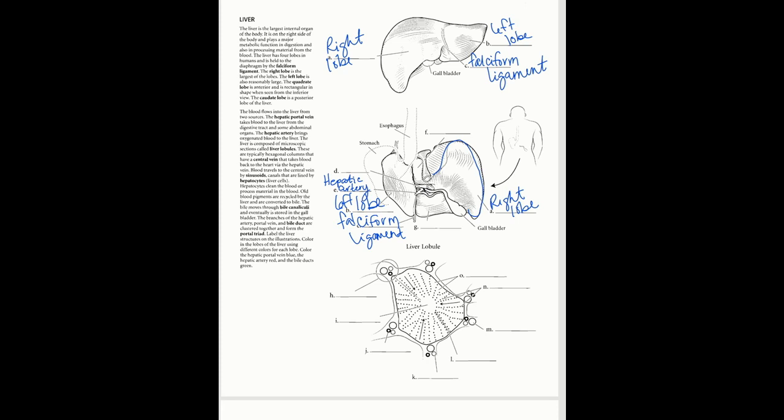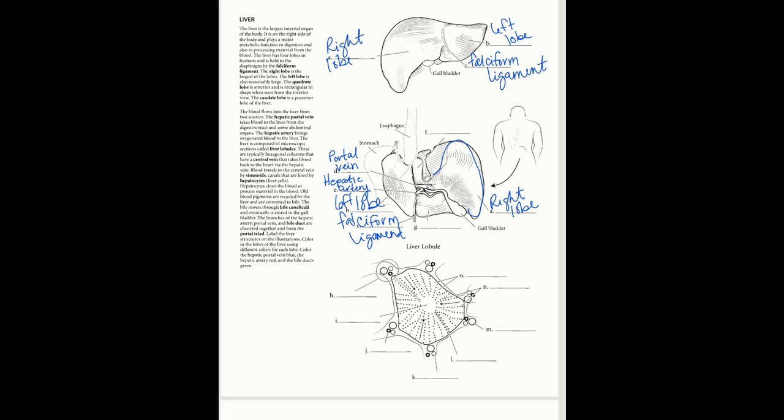And then if you look at D, this is our portal vein, or also referred to as the hepatic portal vein. If we look at G, this bottom portion here, we have another lobe in the posterior side.